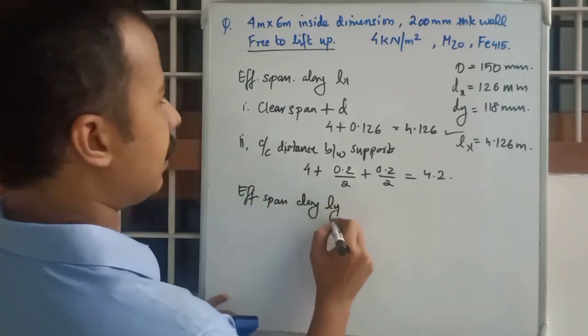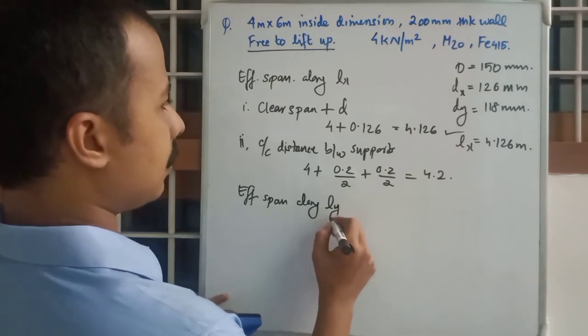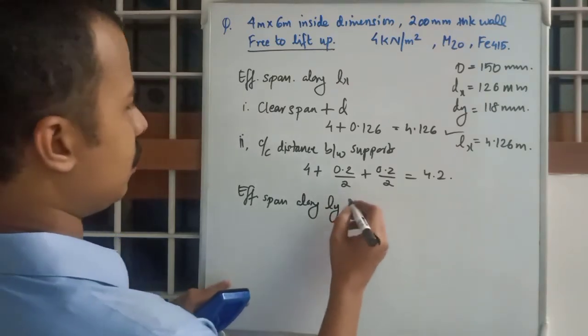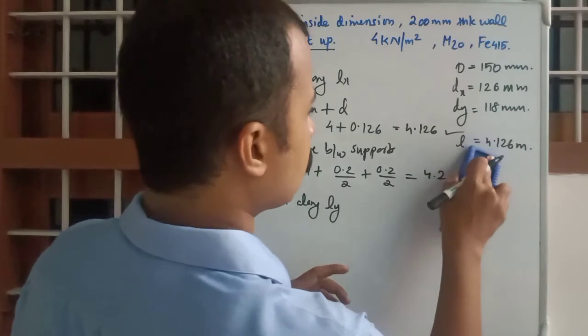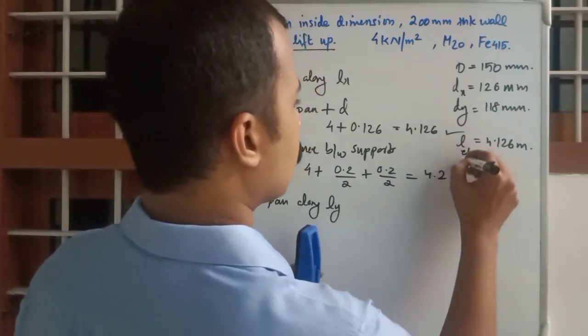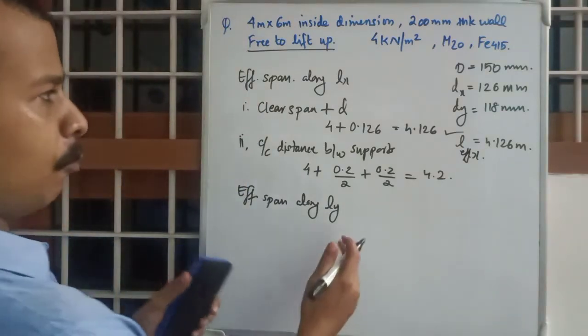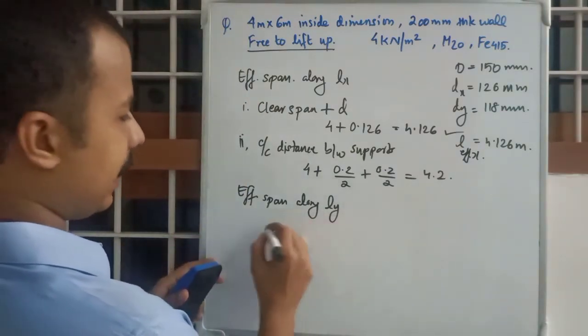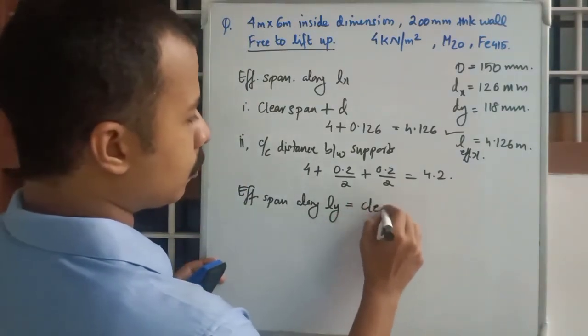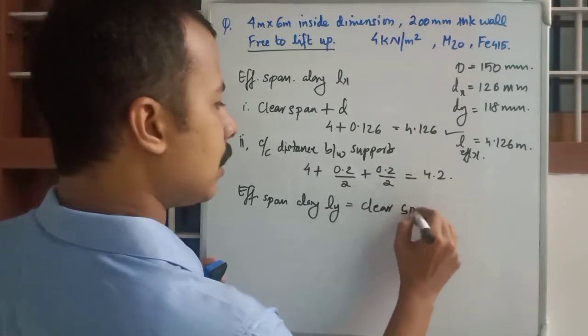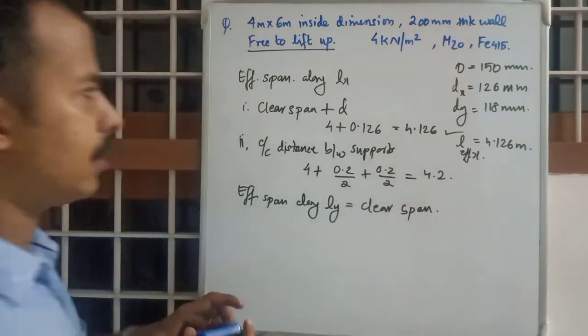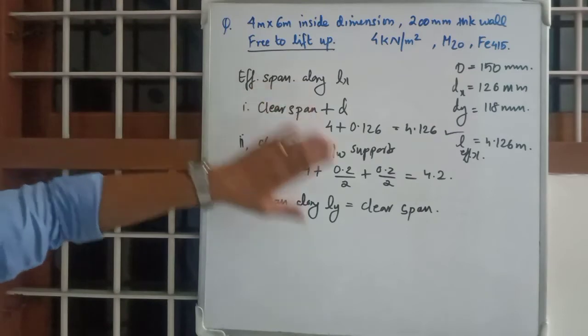Then effective span along Ly, that is L effective Ly, will be equal to just the clear span. You don't need to calculate with these two criteria, just take the clear span.